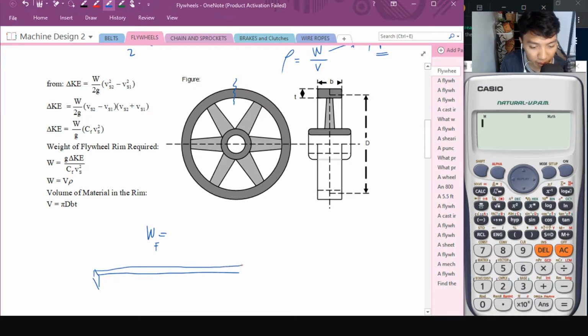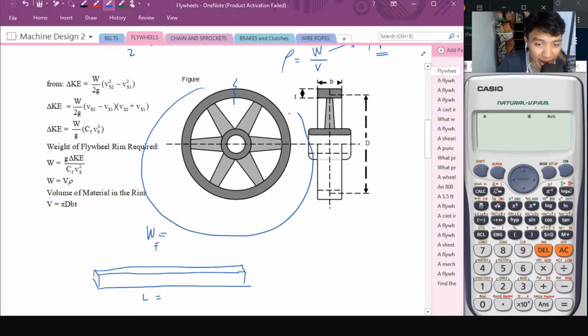Okay? Straight cut. So, the length can be determined using the circumference of the circle. That is its length, equal to pi d, or simply 2 pi r. And then length times width times height.